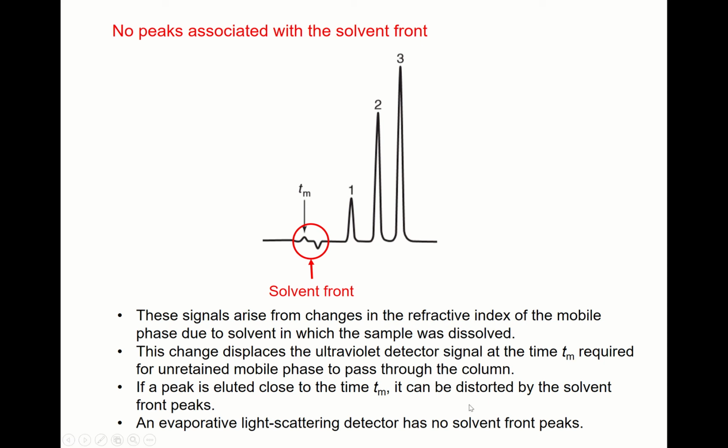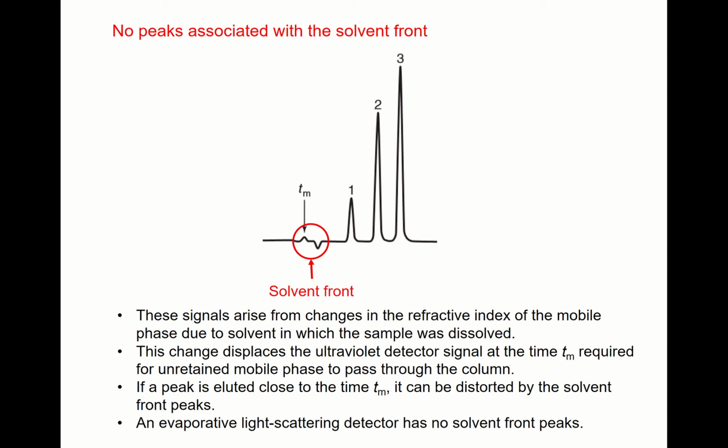These peaks are not real. These signals arise from changes in the refractive index in the mobile phase due to the solvent in which the sample was dissolved. Samples are dissolved in a solvent, and you inject the sample with the solvent into the column, and then the sample is carried away by the mobile phase.